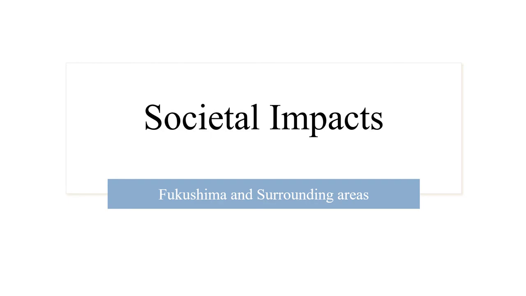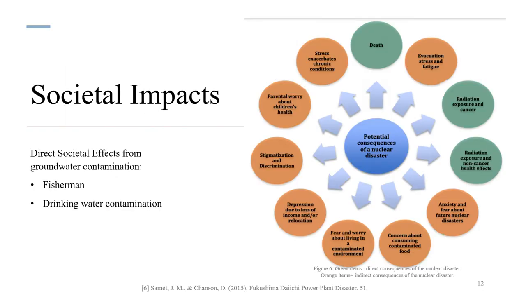Societal impacts. There are many societal repercussions from a nuclear disaster. These can be seen in the image on the right. The main effects of the groundwater contamination are on fishermen. Due to the large amounts of nuclear radioactive waste dumped into the Pacific Ocean, the fish contain higher levels of radiation.